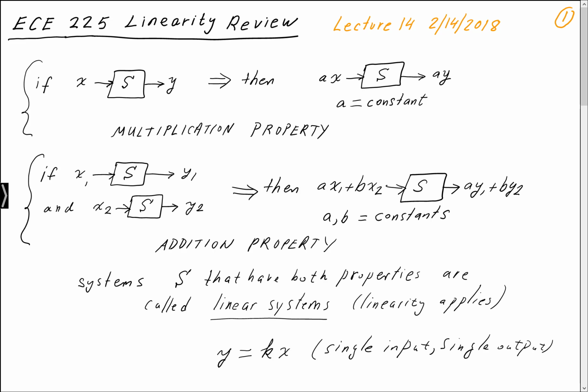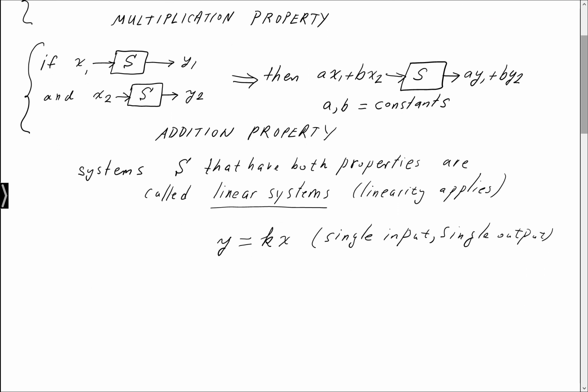But you can also have multiple inputs and multiple outputs. Let's talk about another example: a single output with, let's say, two inputs, so K1 X1 plus K2 X2.